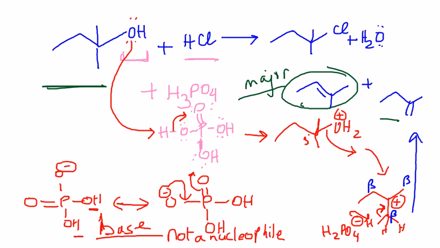Now, let's compare this exact same thing to what would happen if the source of the protons is HCl, not H3PO4 anymore, but HCl. So the first step is going to be exactly the same.